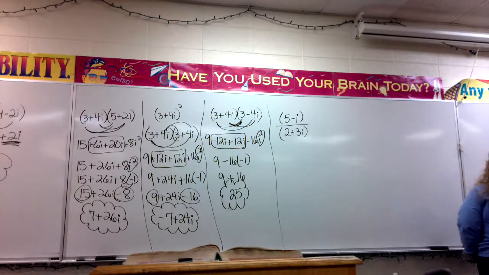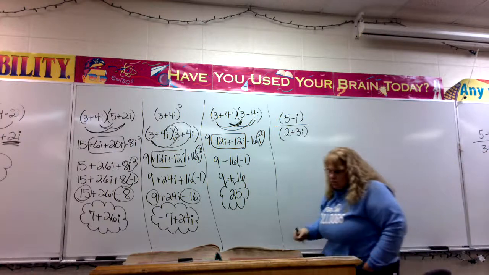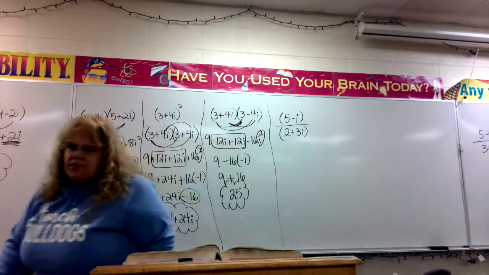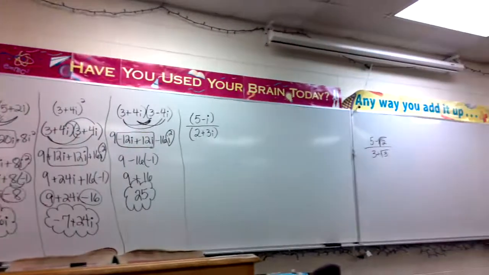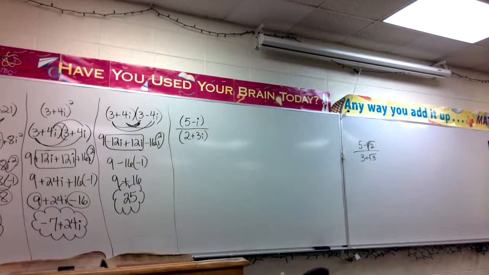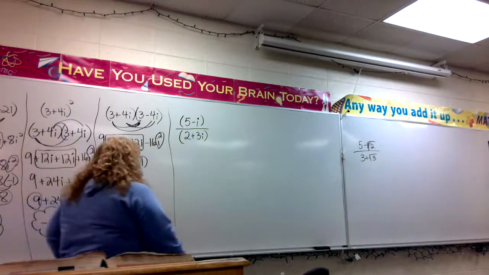And remember a while back, we did some problems where you'd have 5 take away root 2 over 3 plus root 3. And remember, we weren't allowed to have a square root in the bottom.